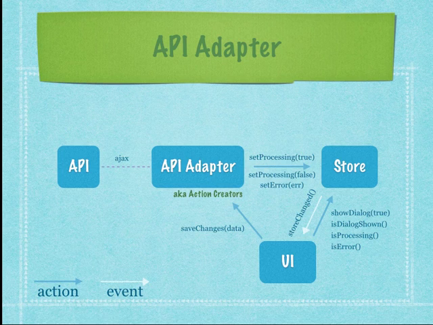The dispatcher is only the reason why events can get to their destination. But the fact that someone wants to send an event and someone wants to listen to that event is totally orthogonal. So the dispatcher is responsible for delivering this save changes action from here to here, as well as this one from here to here.